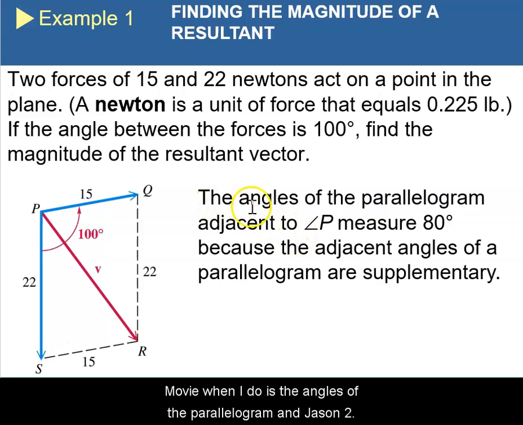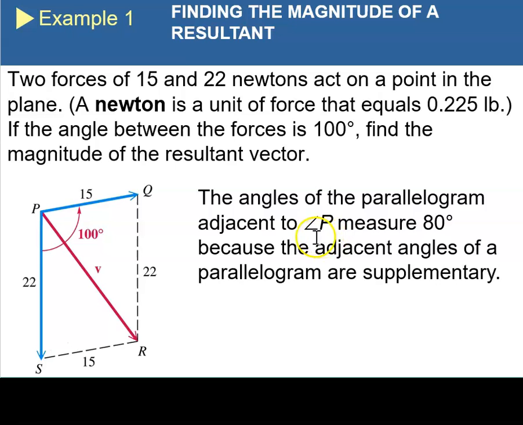The angles of the parallelogram adjacent to angle P are going to measure 80 degrees, because if this is 100 and this is 100, these two have to add up to 180. So I know what the angles on this side are, because they're supplementary.